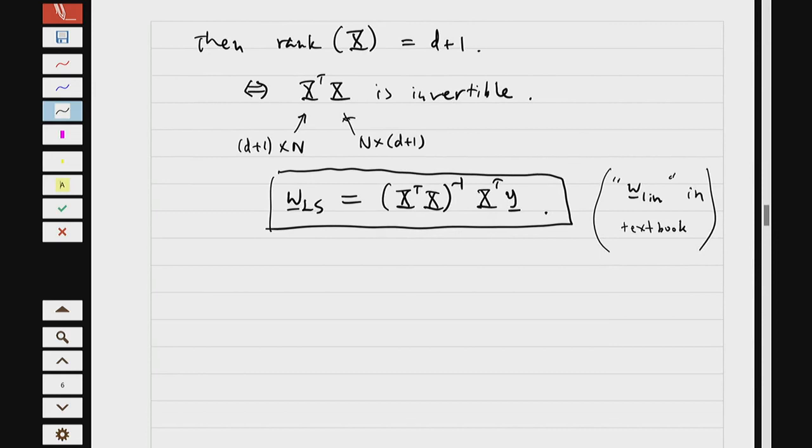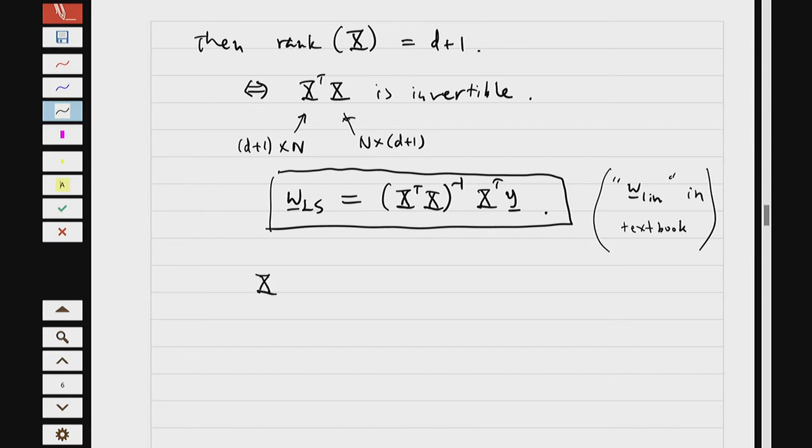This one is actually a very famous form, although you probably don't have to remember it. It's so important that we have a name for this. The term that's before Y is called the pseudo-inverse of the matrix X. You should have heard of pseudo-inverse in your linear algebra course, but let's review it anyway.